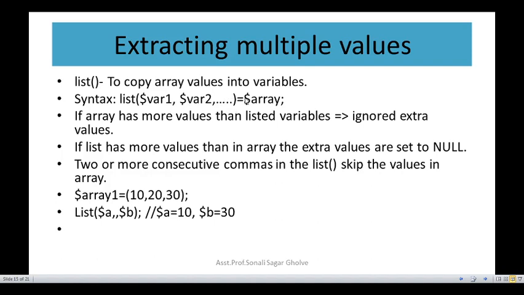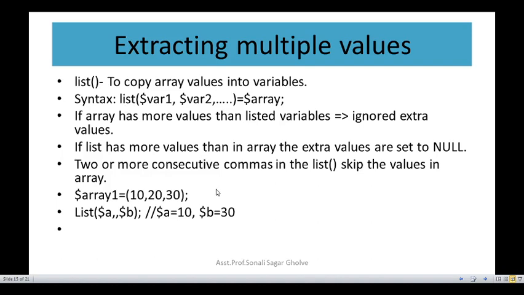Suppose in the array there are 5 elements and you are using only 4 variables inside the list, then the last element of the array is ignored. And if there are only 5 elements in the array and you create a 6th variable in the list, at that time the last variable is set to null.